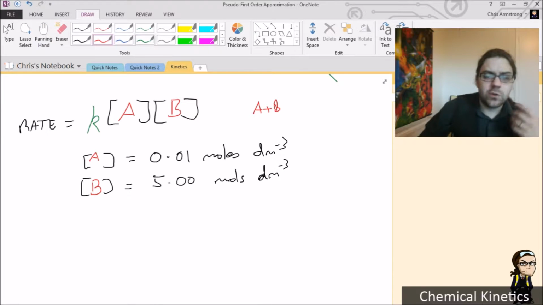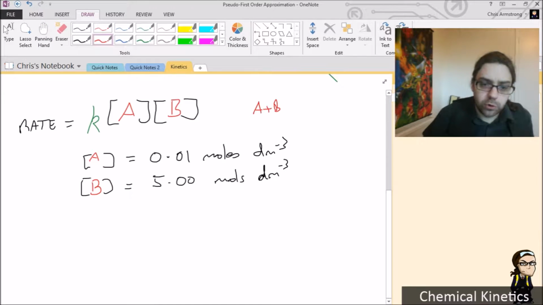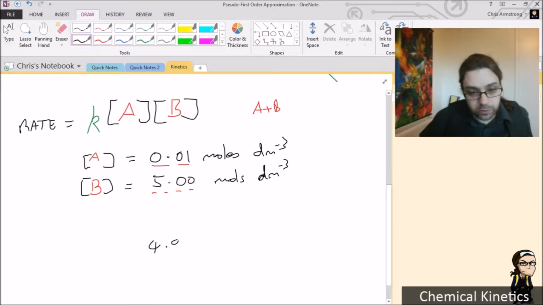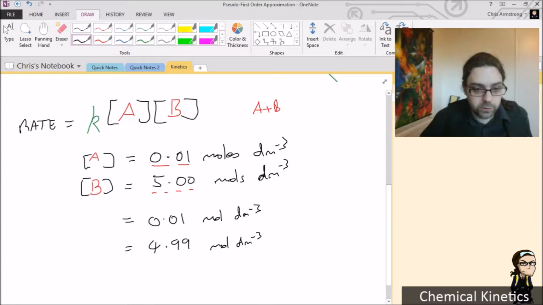So that means at the end of a reaction, this 0.01 moles of A will have gone down to 0, and this will have gone down to, well, it's not 0, it will have moved to 4.99. Let me just write this out fully for a moment.